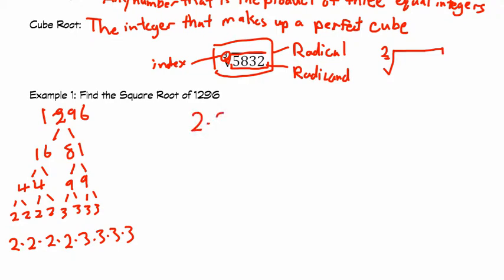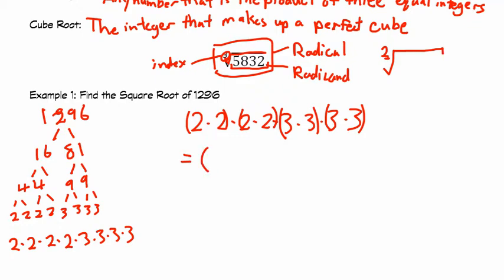What we want to do with the square root is find two numbers that are exactly the same. To do that, we group the prime factorization into pairs: one pair of 2, one pair of 2, one pair of 3, and another pair of 3. When we have these paired off, we set up two brackets and take one number from each pair and put them into each set of brackets.